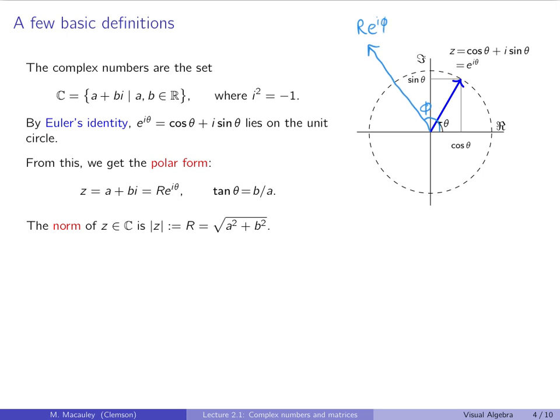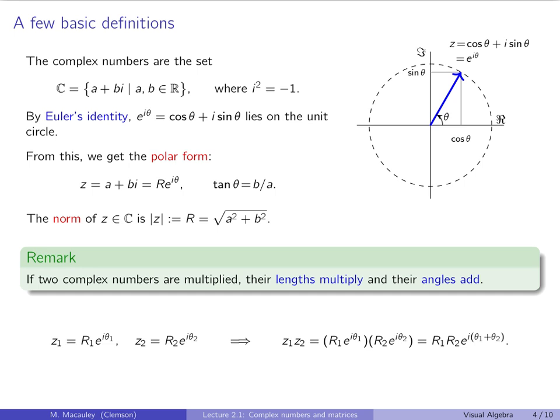So e to the i phi is just this number on the unit circle right here, and r is literally this radius, which you could write as the tangent of b over a, where b and a are these as before. The norm of a complex number is this r. And some basic trig tells you that this is the square root of a squared plus b squared. I will not derive that here. Again, it's just trigonometry.